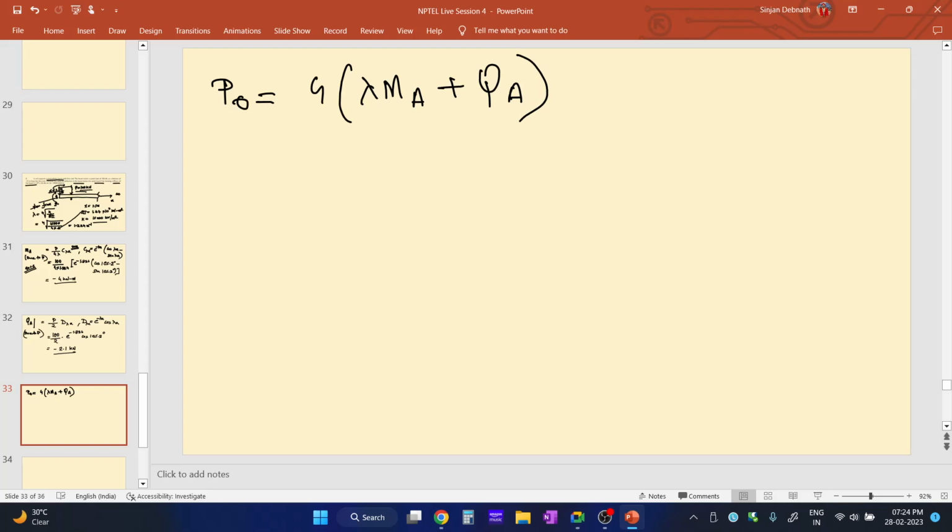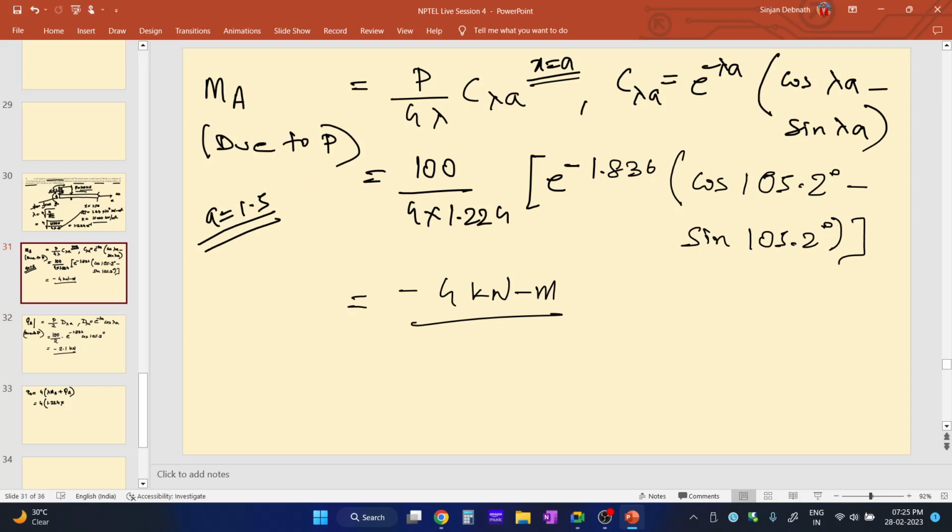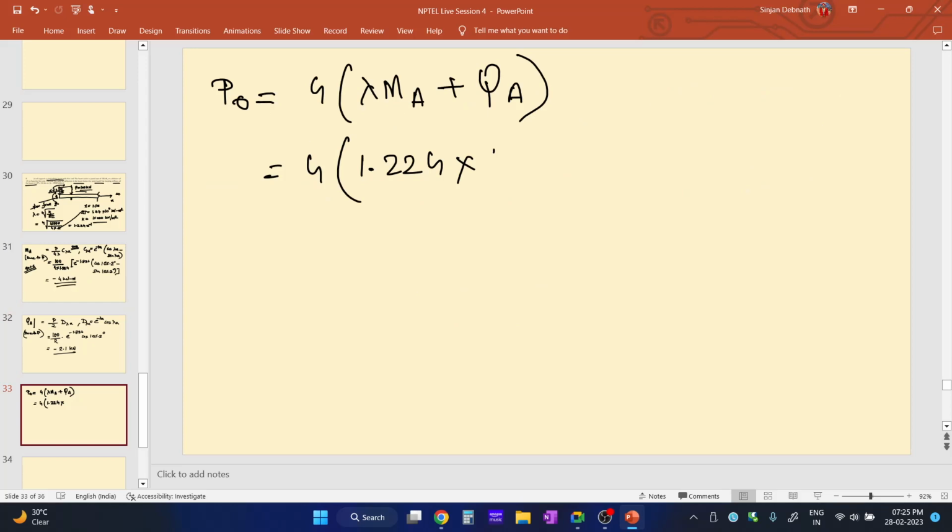Okay. So what is lambda? Lambda is 1.224, and what is MA? MA we just found out it is 4, right? So 1.224 into 4, actually it's minus 4, so minus 4 plus QA.